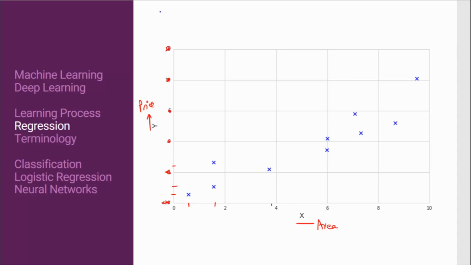So let's assume first that the relationship between the area and the price is linear, right? What does that mean? It means that the price is equal to some number a plus b times the area, right? So we multiply the area by some number and then we add some number and we get the price. This is called a linear relationship.